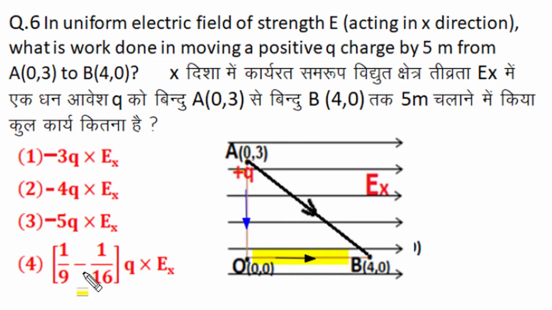So the amount of work done is force multiplied by displacement. Since work is done by the electric field, not by an external agency, such work is called negative work done.